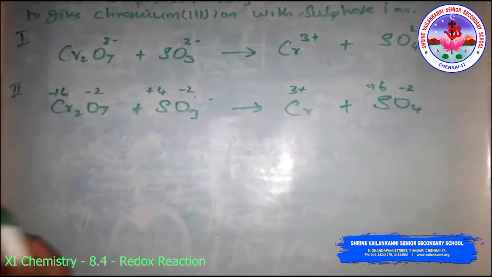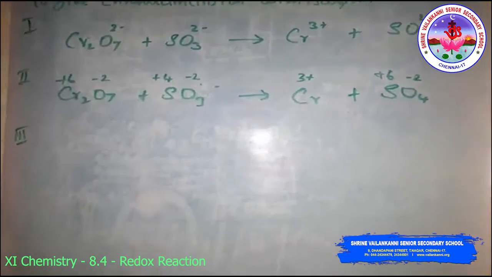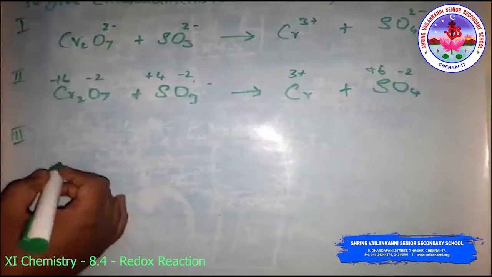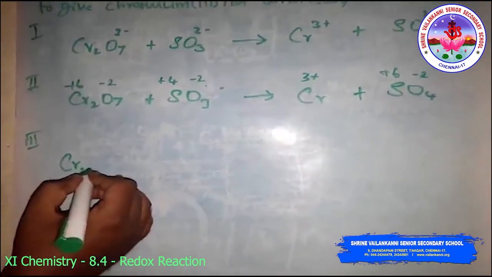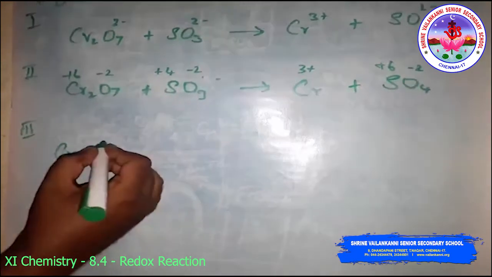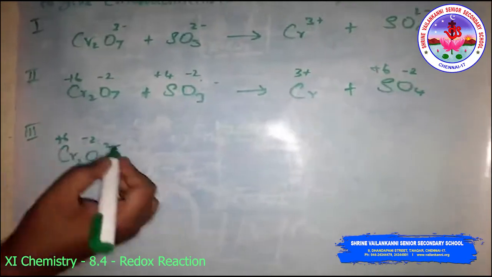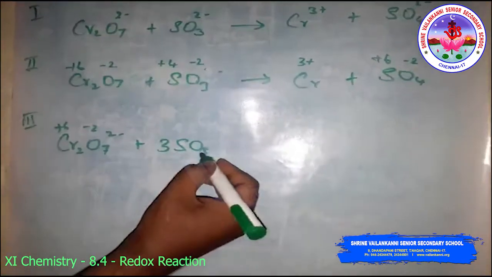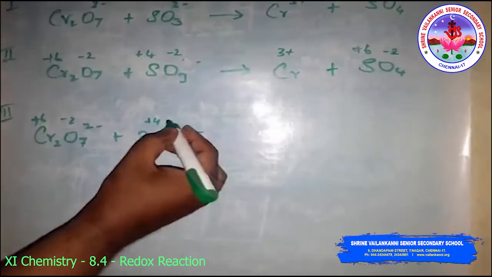Step 3: calculate the increase and decrease of oxidation number, then make them equal. Here we have Cr2O7 2- with chromium plus 6 and oxygen minus 2, and 3 SO3 2- with sulfur plus 4 and oxygen minus 2.